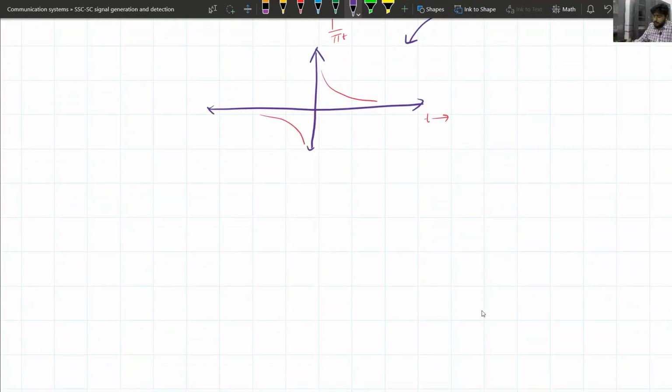Suppose we know that for a sine function, sin t, its Fourier transform is given by 2 upon j omega.